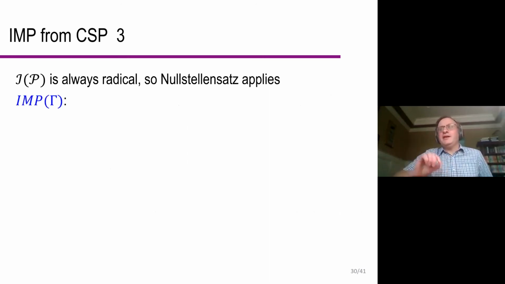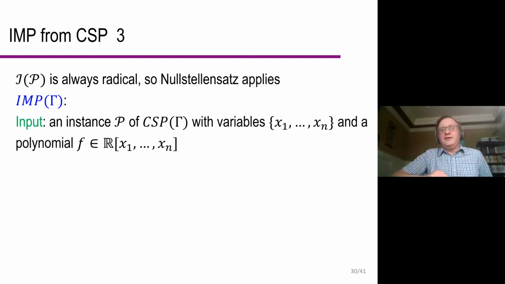This means that I_P is defined by its set of zeros. And zeros of those polynomials are actually solutions of the CSP, if you think about it. The variety corresponding to the ideal is the set of solutions of the CSP P. Nothing else but that.